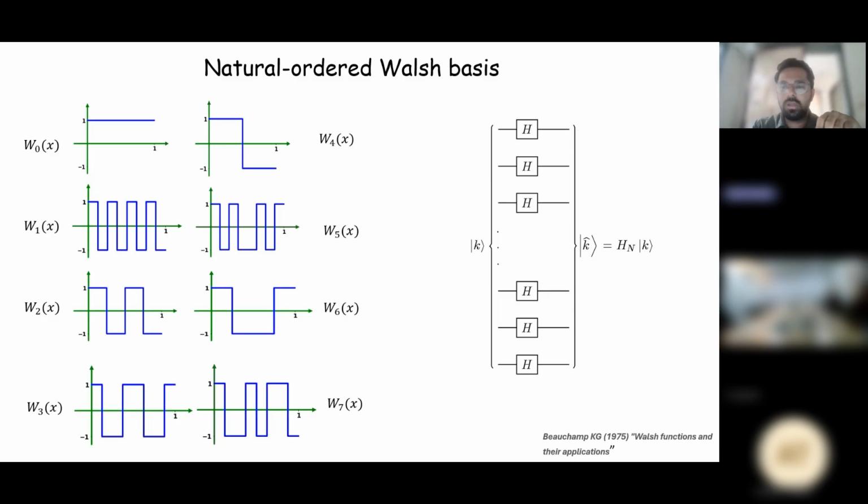Now, similar to Fourier, there are some bases involved in this quantum Walsh transform, which I will call Walsh bases. You can see these Walsh bases here. I have given examples of some limited number of Walsh bases, W0, W1, and these are rather randomly arranged. In the case of the quantum Fourier transform, or any Fourier transform in general, the initial components generally correspond to a very small number of zero crossings.